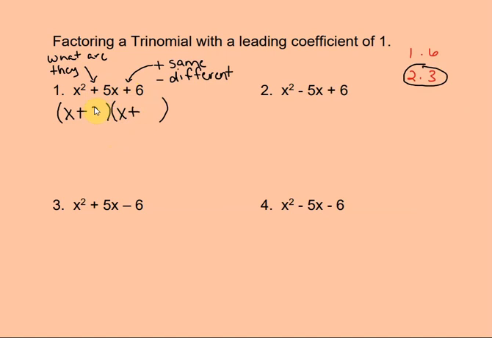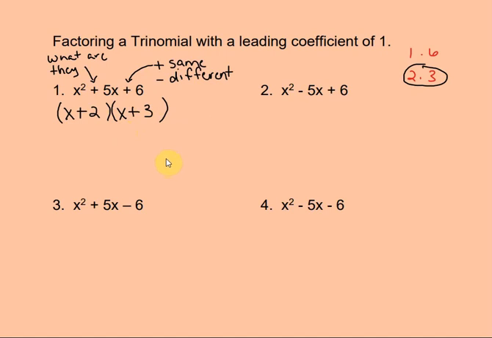So that's what I put in my binomials. Now, it doesn't matter if I did x plus 2 and x plus 3, or if I did x plus 3 first and then x plus 2. My signs are the same, so it doesn't matter which group I put the 2 and the 3 in.